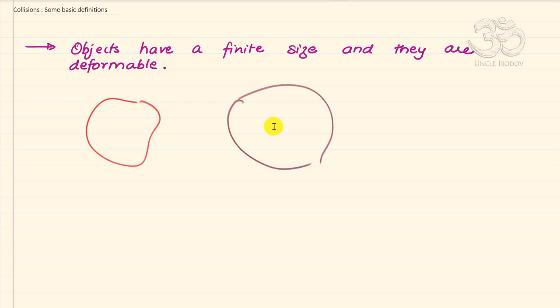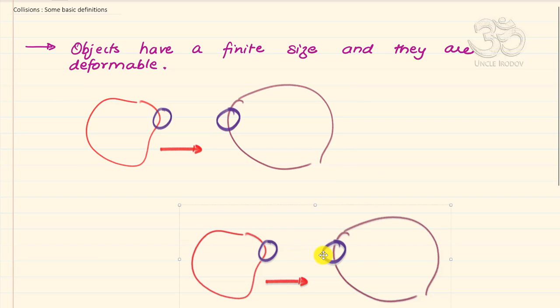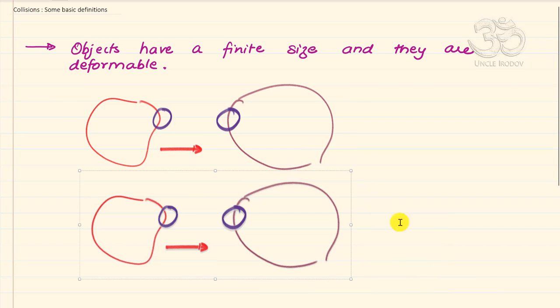So when this red object goes and hits this reddish brown object here, maybe this point on the surface, this one, these 2 points will come in contact initially, and at this place what we can do is we can draw a common normal. Wherever the contact is, so you can take this figure, paste it and show how the contact will be.